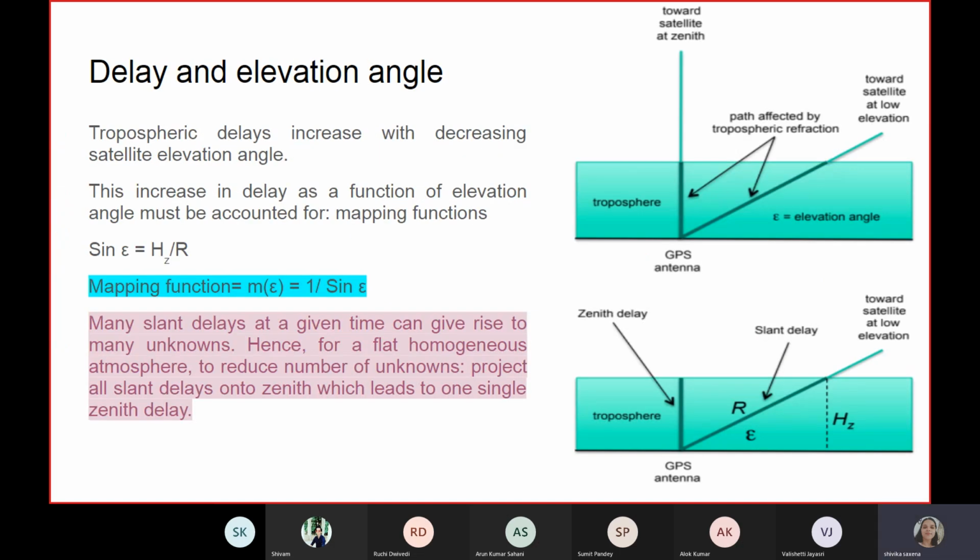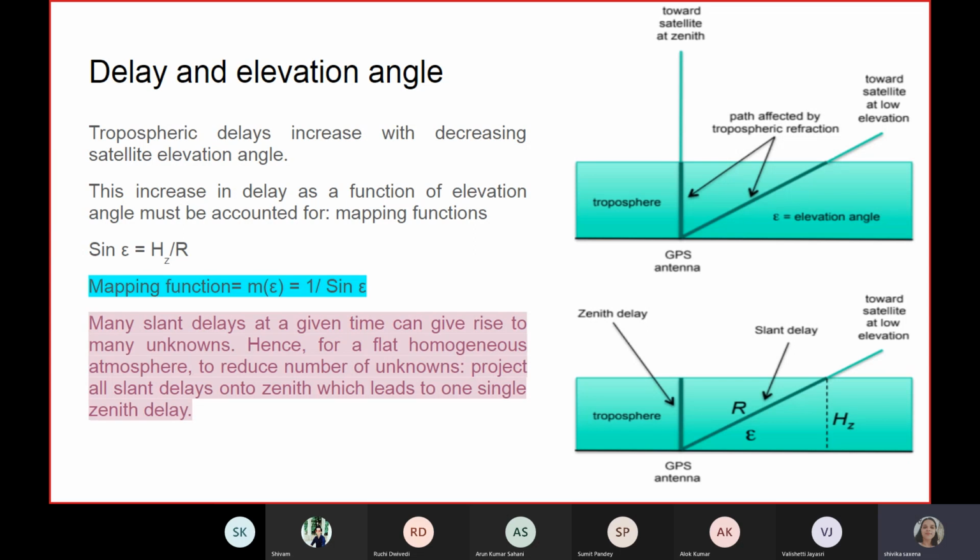So I told you there are two different types of delay when we talk about the direction. Okay, so when the observer is looking up, the point directly above the observer is known as zenith. Okay, so the vertically straight delay will have the largest elevation angle of the satellite. Okay, elevation angle is increasing when the satellite is rising to a point directly above the observer.